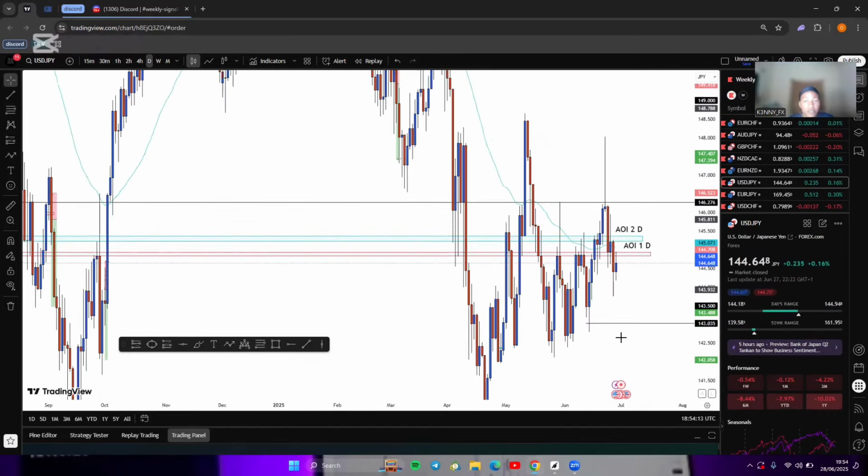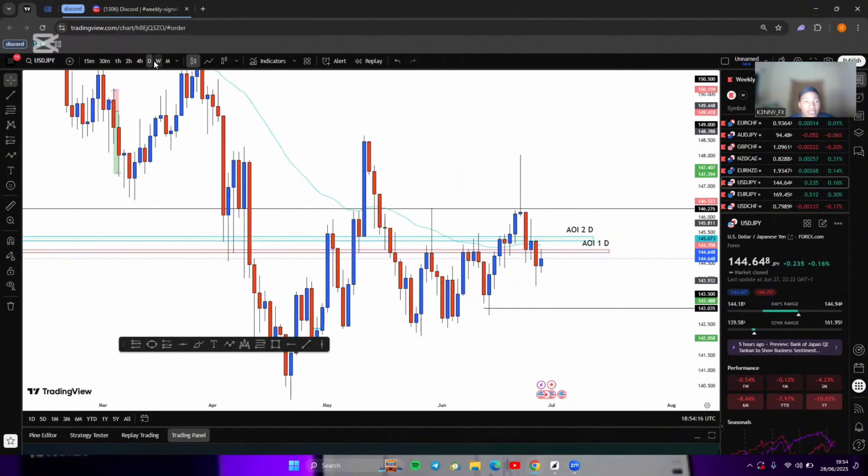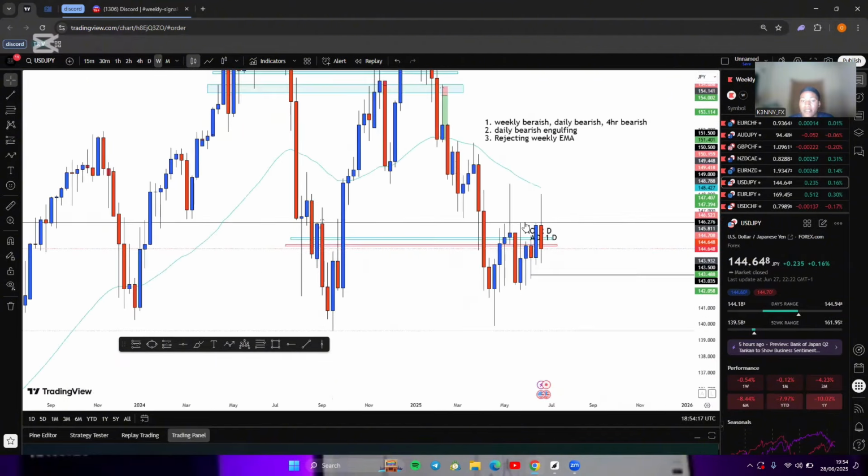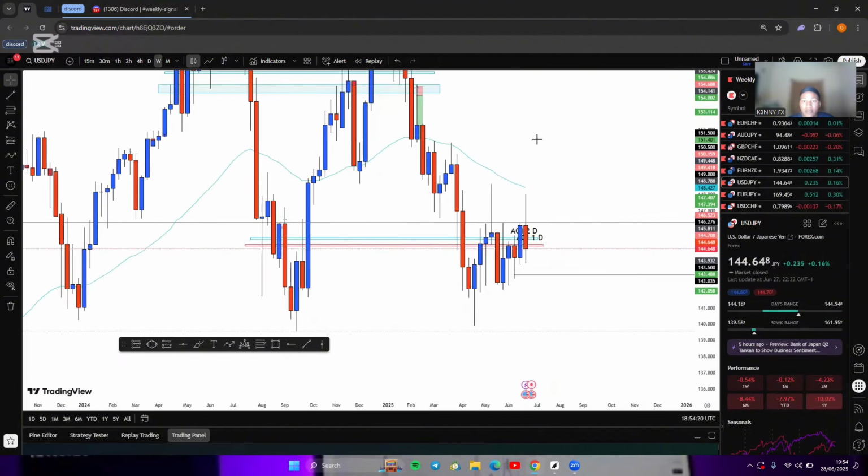USD JPY, where we are selling. If you notice, the weekly time frame is bearish because we have this lower high and this lower low.